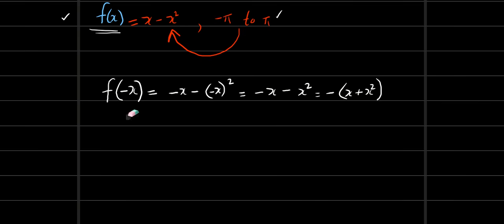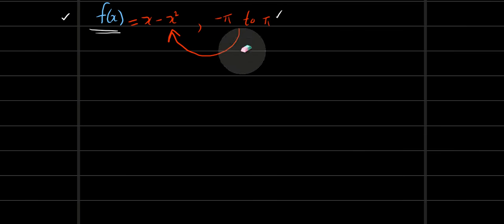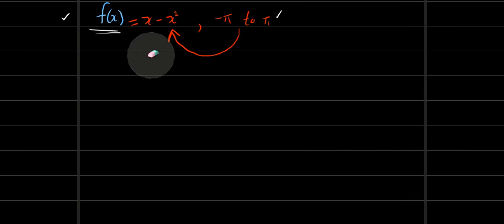So I'll repeat that part once more. If you have an even function or odd function with minus a to a, then you'll have some sort of advantage. But here we have a function which is neither even nor odd. So this minus pi to pi does not give us any advantage.